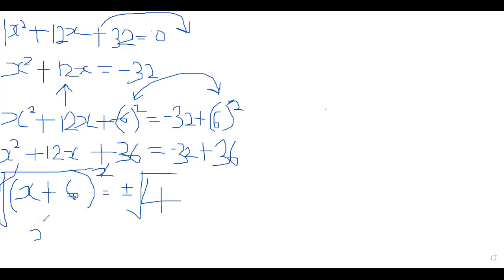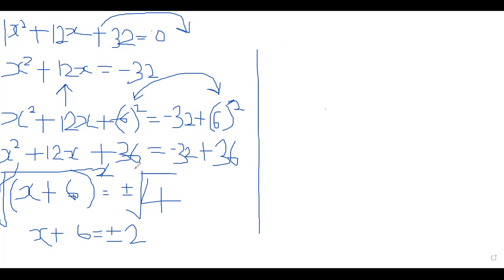So this should be x plus 6 equals plus minus 2. Let me create another column here. So class, I think I'm actually at the end point of this.